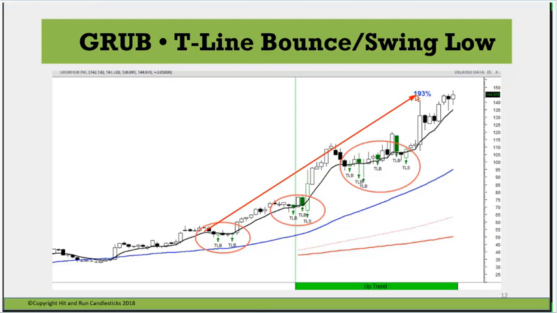I'm not saying anyone's going to get 193%. It certainly is possible. The majority of people are not. What I am saying, though, is with this kind of setup and with these kinds of alerts, I'm fairly confident that we can make some money on this chart with these swings. Pretty confident of that.